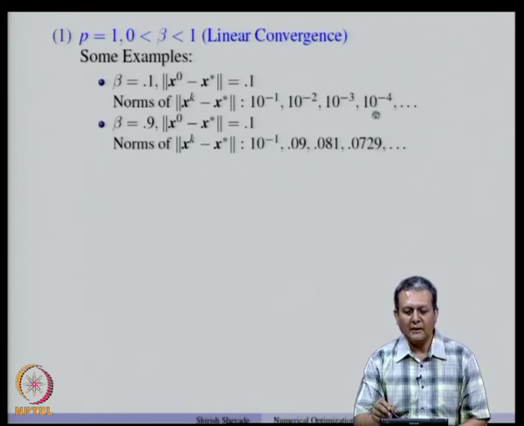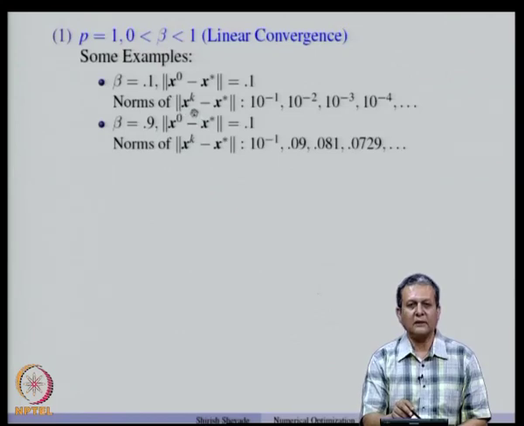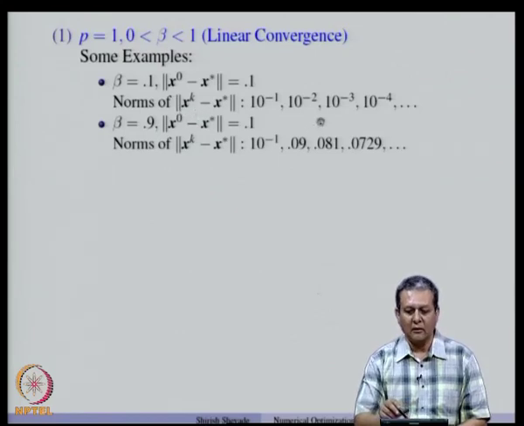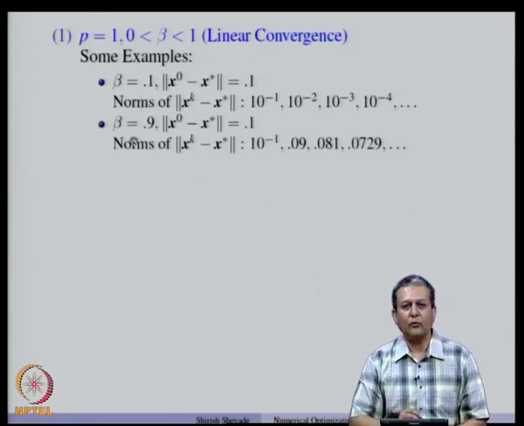So, you would realize that if beta is close to 0, then this sequence, the norm of xk minus x star, goes to 0 at a faster rate compared to the case where beta is close to 1.